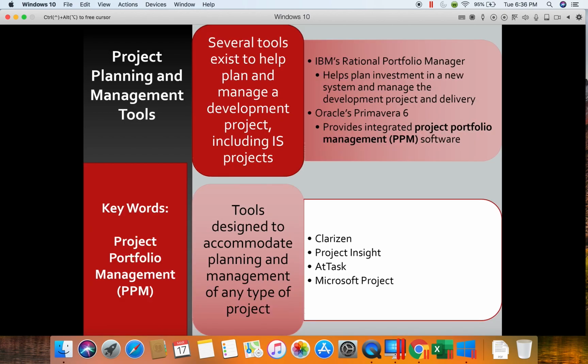We also have project portfolio management tools. These are sets of processes and methods used by project managers to determine which projects will meet the organization's operational and financial goals in relation to their strategic objectives as well as the needs of the customers. So many of these tools are available to us and they will help us make sure that we are planning the project, that we are not going over budget, that we are keeping track of which tasks are outstanding and who needs to work on them.